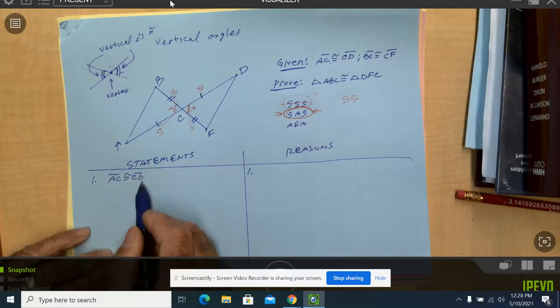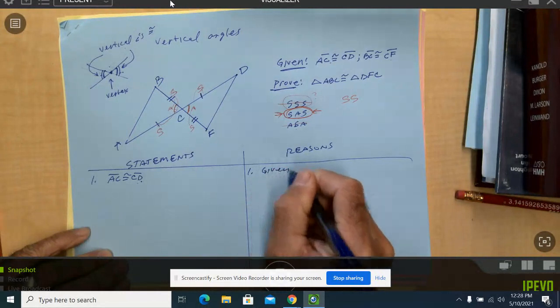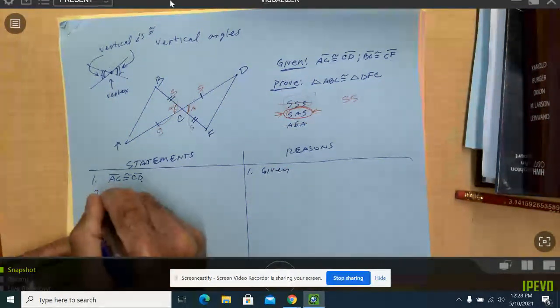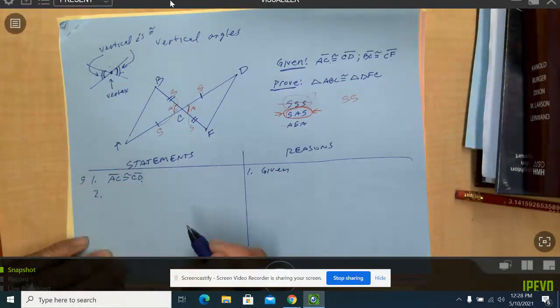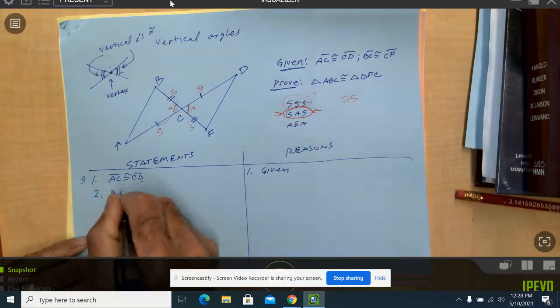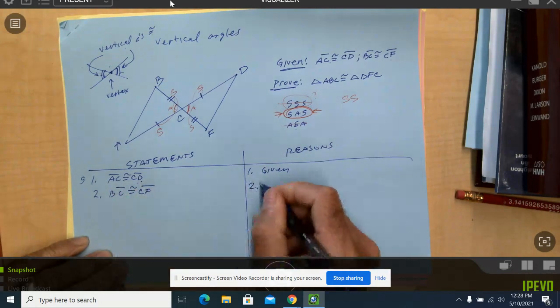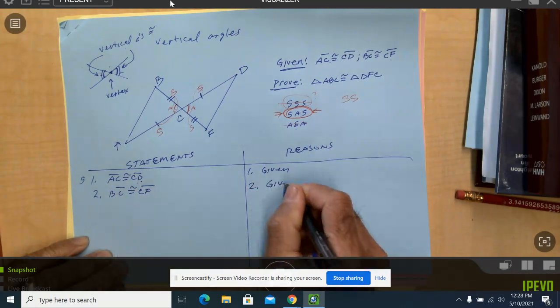We know those are congruent. The reason we know they're congruent is it was part of the problem. It was given to us. So that's a pair of sides. Then we have BC congruent to CF. And we know that because it was given to us.